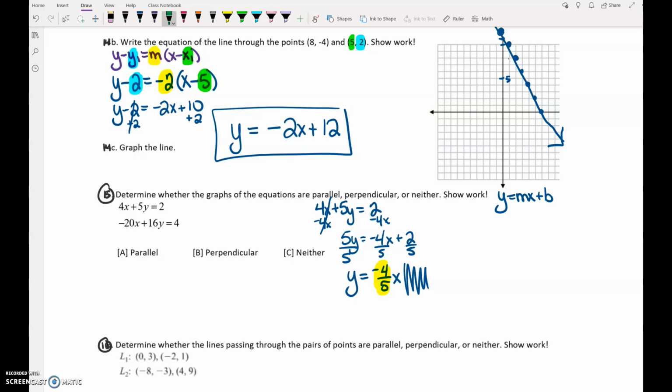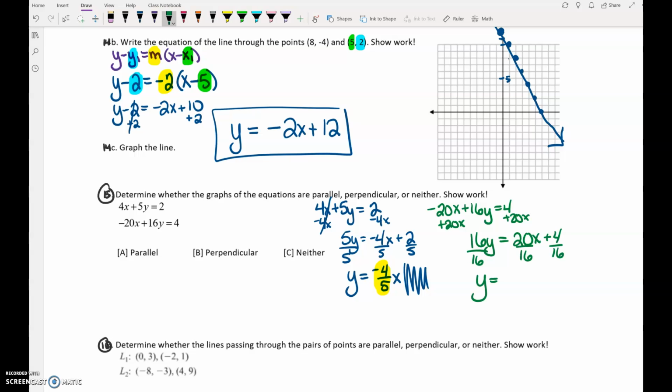The other slope, we've got negative 20x plus 16y equals 4. Add 20x. 16y equals positive 20x plus 4.